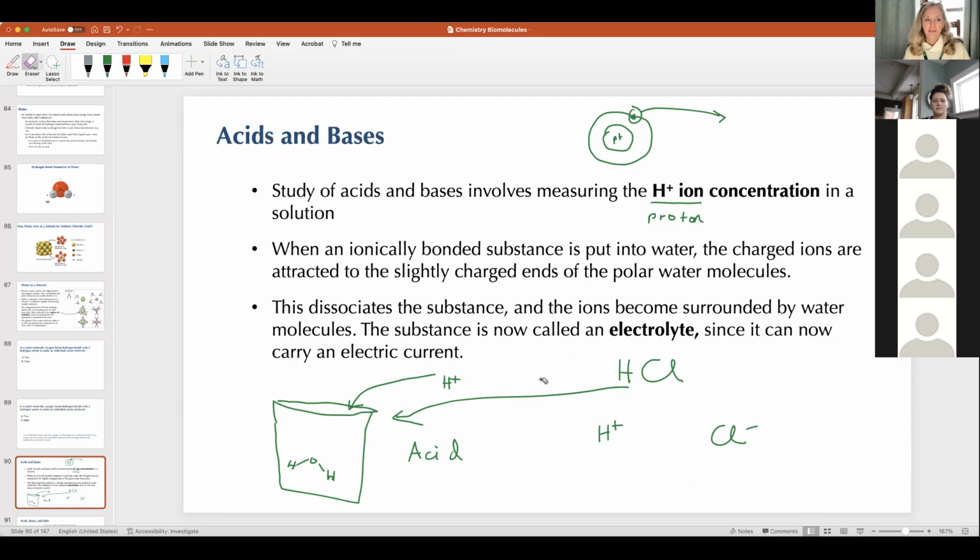The H plus end of the water molecules are going to all be centered around the anion of chloride, right?